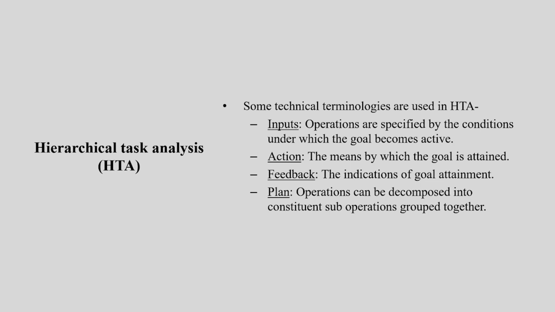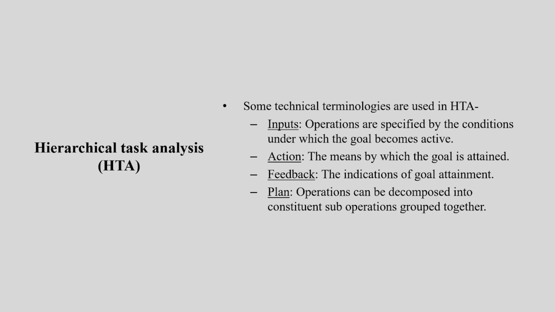So, you are doing some job. It is very easy to understand basically. Then third is feedback, the indication of goal attainment. Whenever you perform an action, there will be a result, and how you receive that information back, the contact between the end and the person who is operating it, that kind of information.